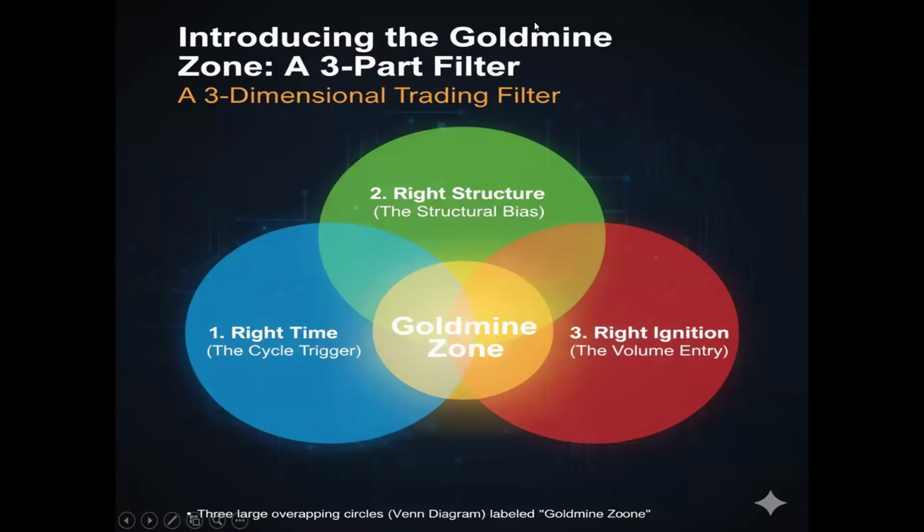This is the graphical representation of the three-dimensional trading filter. Right time, that is the cycle trigger; right structure, structural bias; right ignition, that is the episodic pivot. That is the gold mine zone. When you enter into the gold mine zone, definitely you are going to capture the gold.